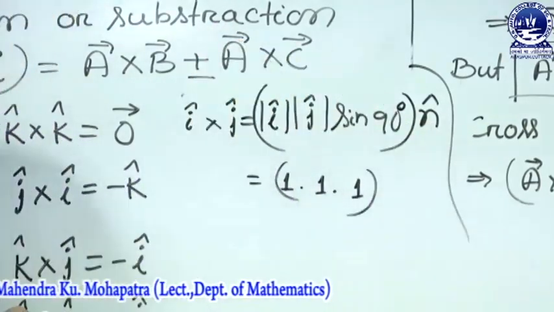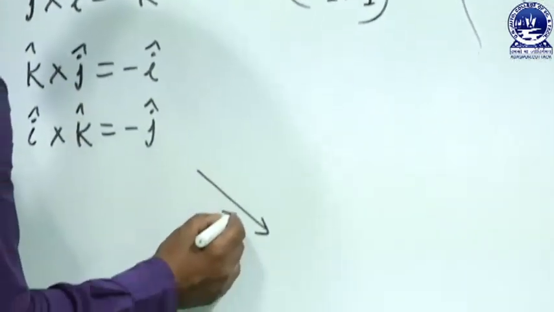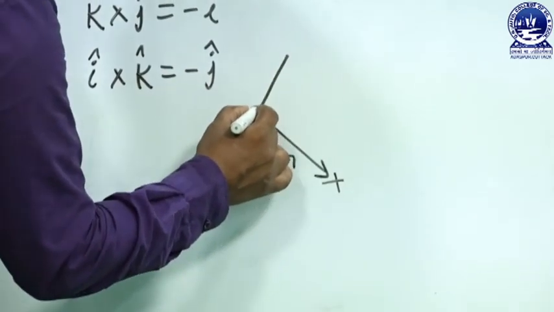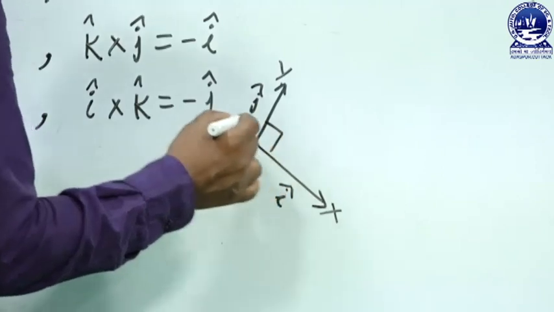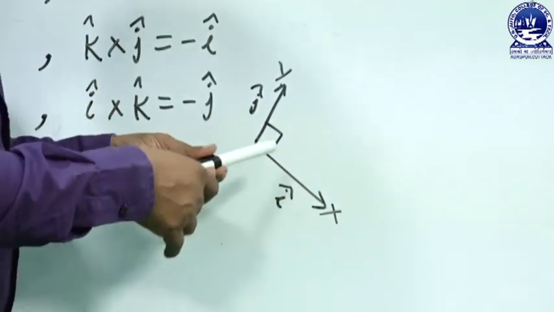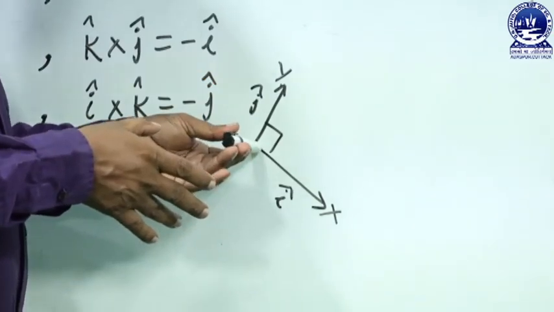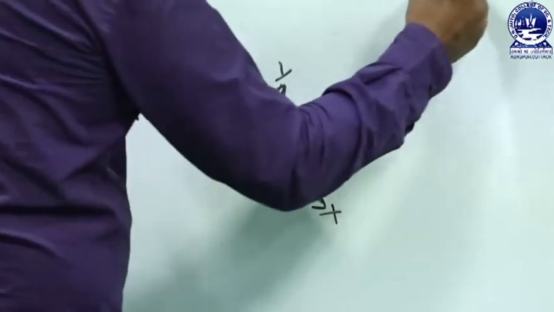So what is n cap? i cap is along the x axis, and j cap is along the y axis. They are perpendicular to each other. So what is the vector perpendicular to both i and j? That is the z axis, so it is k cap.